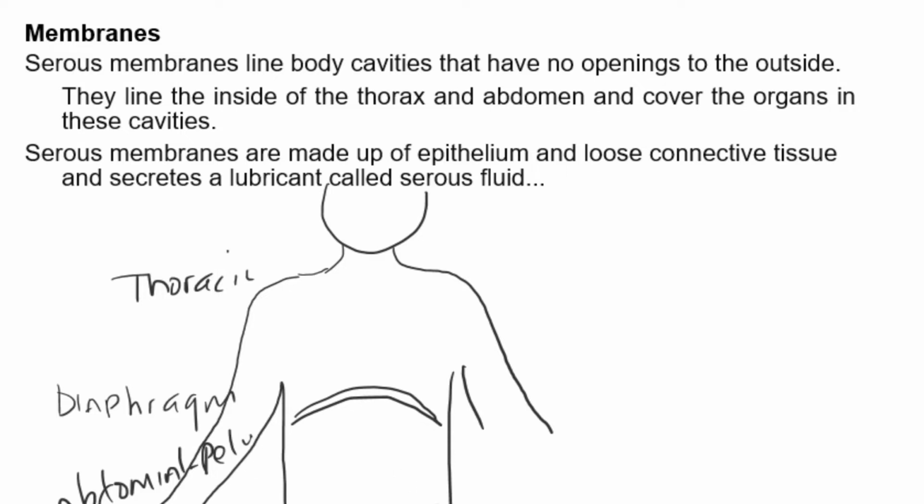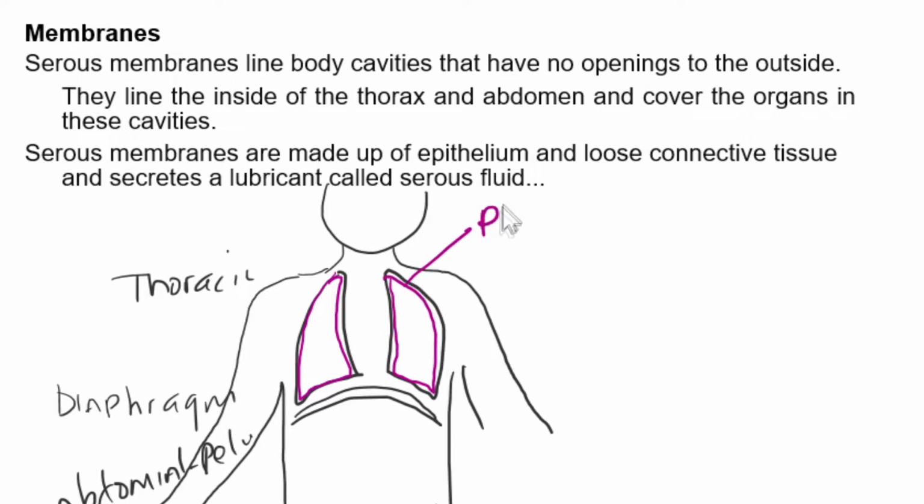Now down below, which we cannot really see, we've got a few different layers of this. So we have the lungs in here, right? We're going to put 2 lungs like this. And on the inside of that, we've got the parietal pleura. If you remember this from way back, parietal means the inside of the wall. Pleura means lung, right?